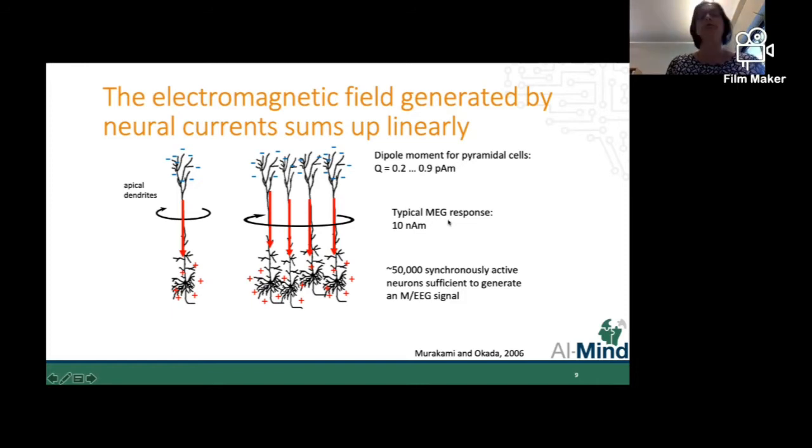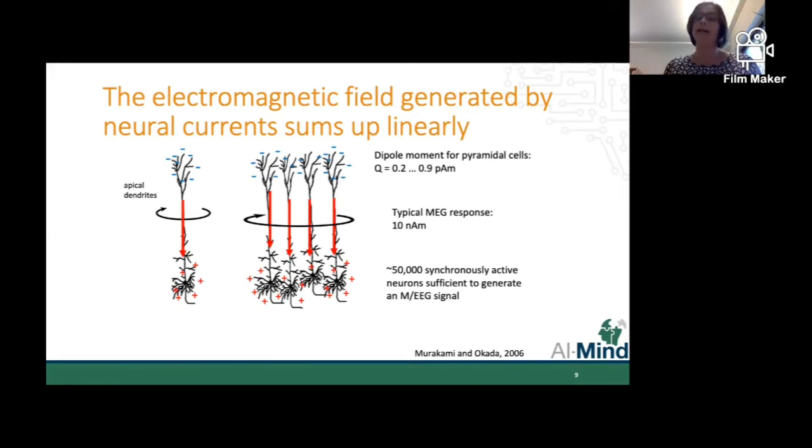And we know from our measurements that a typical MEG response would be about 10 nanoampere meters. So they estimated that about 50,000 synchronously active neurons would be sufficient to generate an MEG signal. And here it was very relevant for their simulations that these apical dendrites of the pyramidal neurons are indeed oriented in parallel so that they sum up.